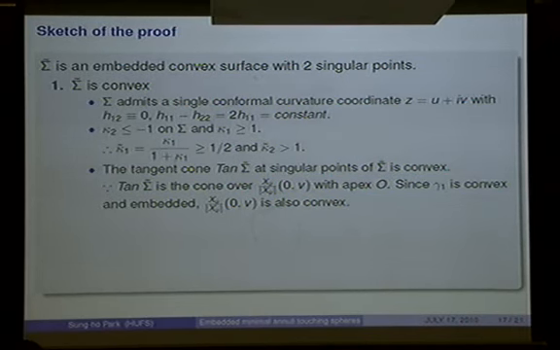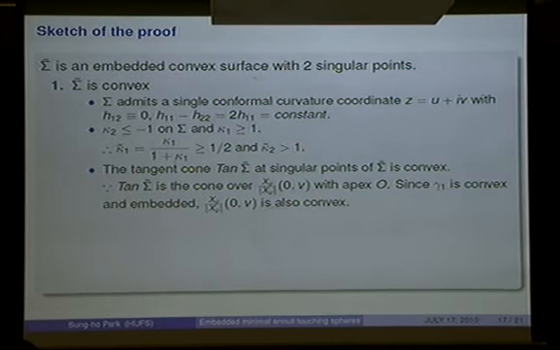And the principal curvature of sigma tilde is either bigger than or equal to 1/2 or bigger than 1. So if I replace 1 by 2, I plug this inequality into this, and I get this inequality.